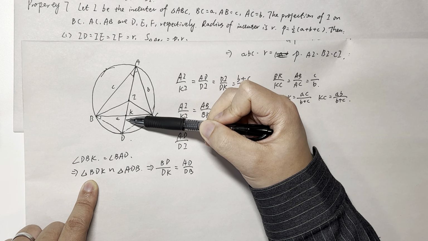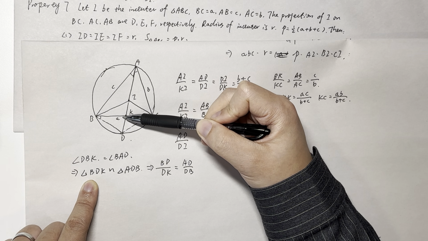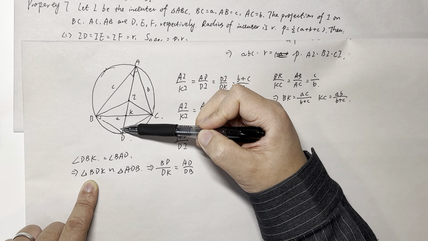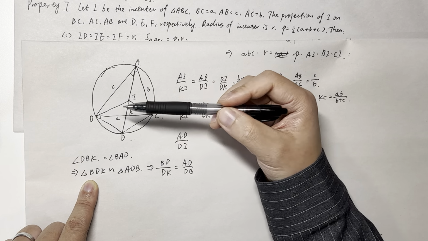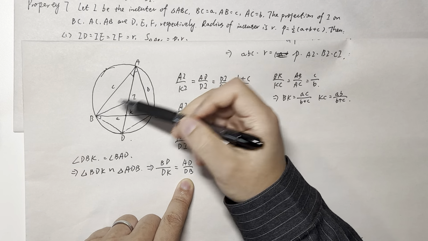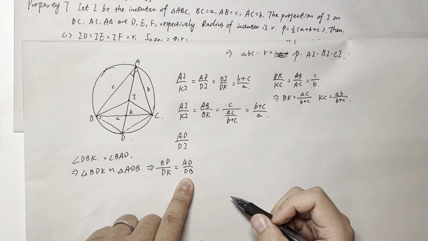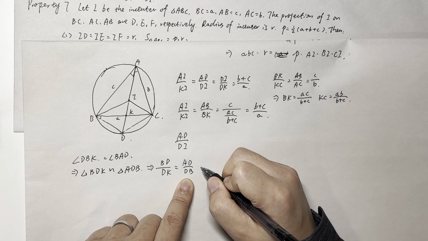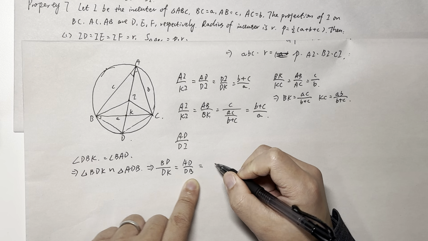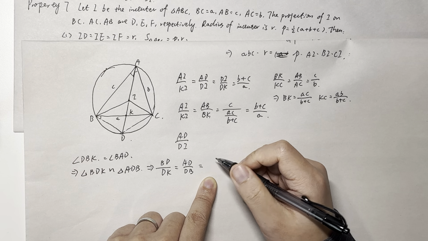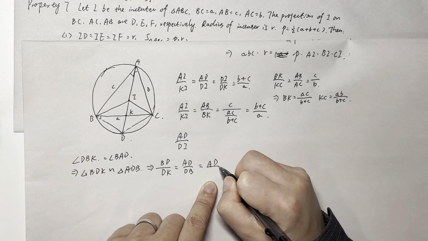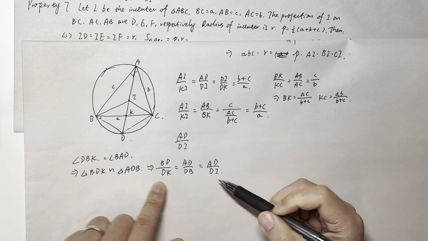In triangle BDK, this angle equals this angle, right? So AD to DB equals AD to DI, right?